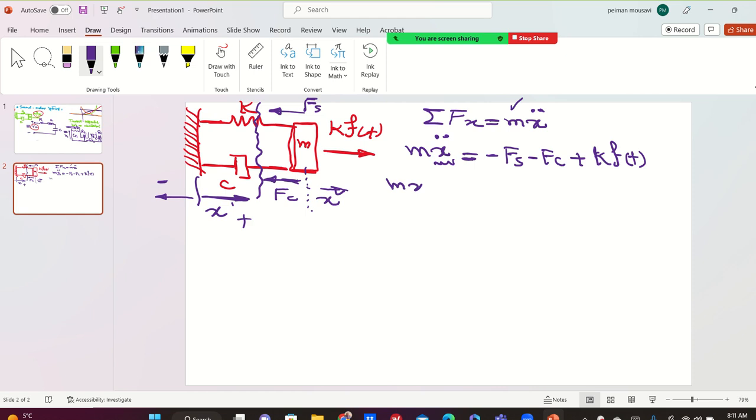So it is m x double dot, knowing that the linear spring is minus kx and the linear damper is c x dot, plus k f of t. So m x double dot is standard, it is c x dot.